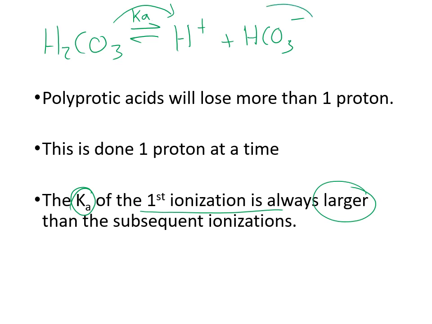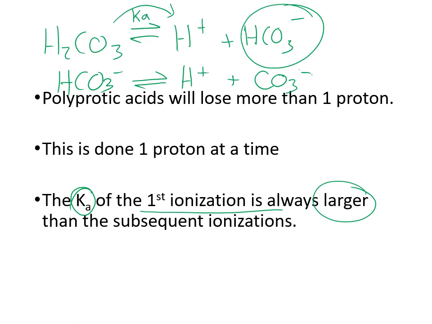Now, the bicarbonate that gets formed here is also an acid, so it could also establish another equilibrium where it lets go of a hydrogen and leaves behind a carbonate ion. This also has a Ka associated with it because it's an acid losing a hydrogen. So let's call that Ka2, and this is Ka1.